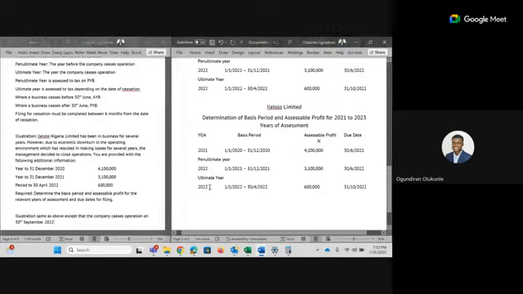But the ultimate year now, the year of assessment will be 2023, and it will be up to 30 September 2022. And the due date now, I'll start counting from October, 6 months: October, November, December, January, February, March.